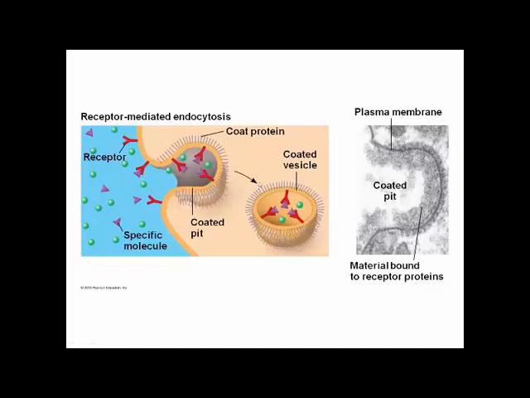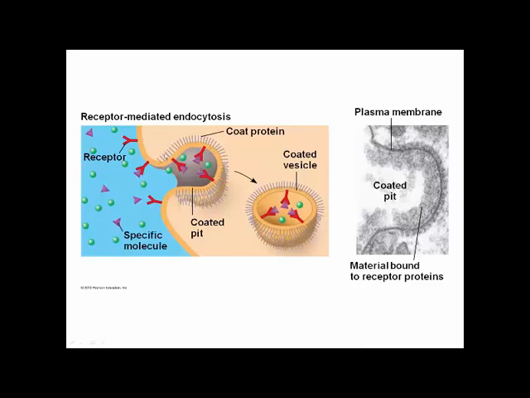Last is receptor-mediated endocytosis. On the outside of cells, there are receptors that are there because this particular cell has to bind some molecule that may be in the extracellular fluid. Once the molecule binds, then a pit is produced. This is called a coated pit because there's a coat protein.